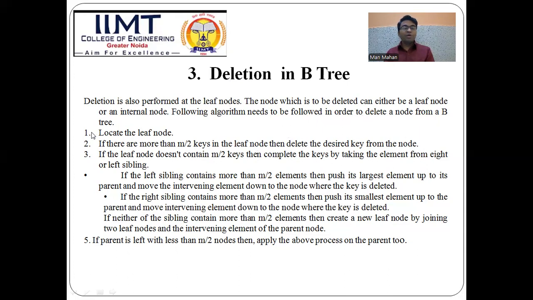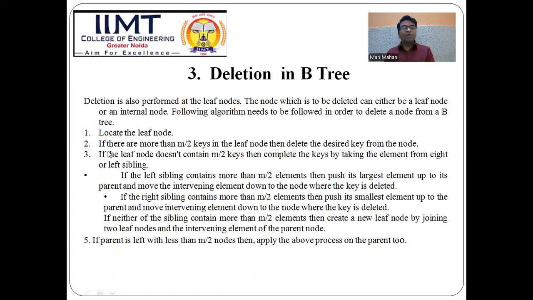First step, locate the leaf node. If we want to delete a particular node, first we apply the traversing operation and find the particular element in the B tree. This is the step to locate the leaf node where we want to delete the element.